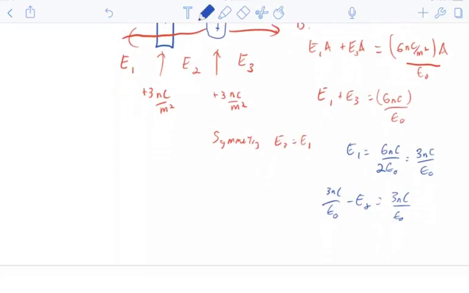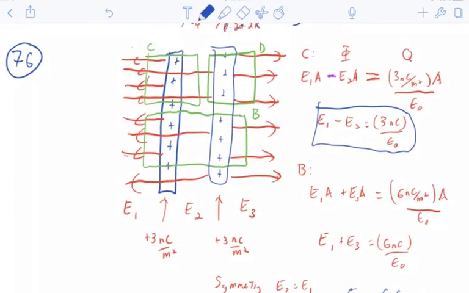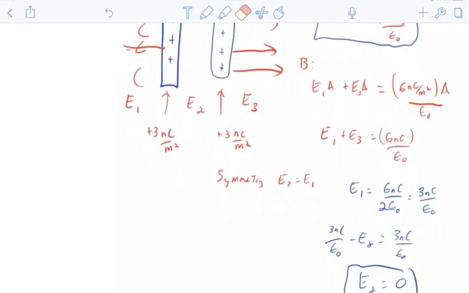So E2 must equal 0. So in this case, there's no field in the middle here. Who knew? That was a fun thing.